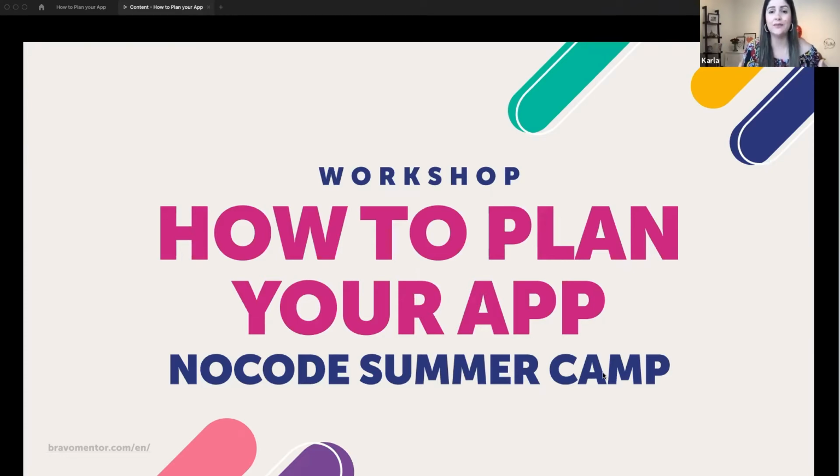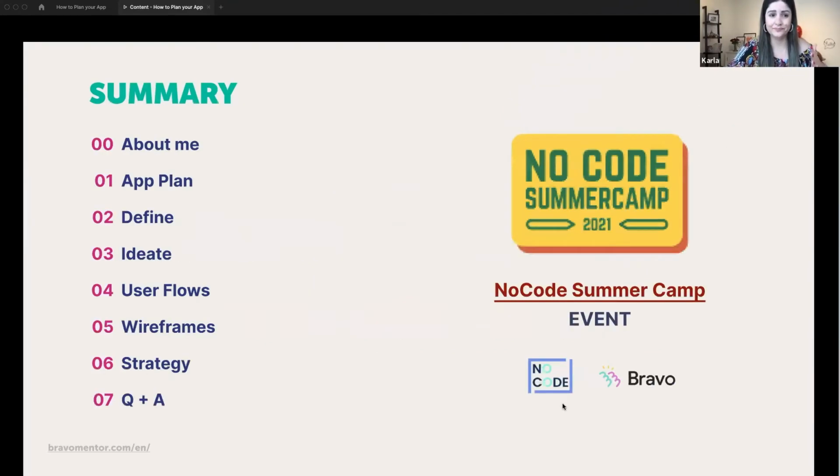But here I'm trying to bring you a summary of some of the ideas from the design process that can help for launching the first MVP or the first app.